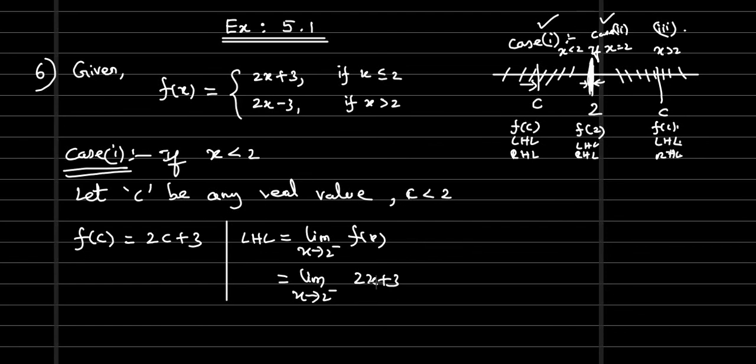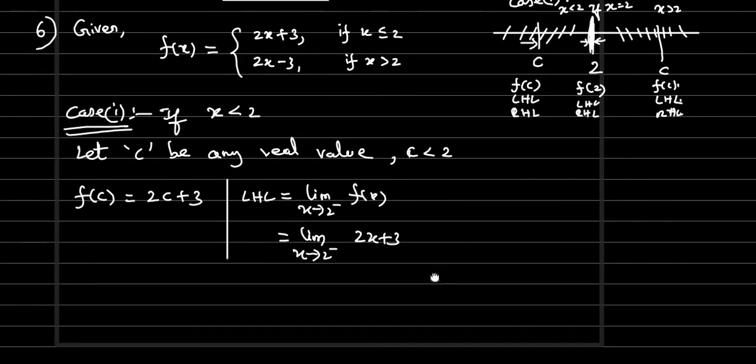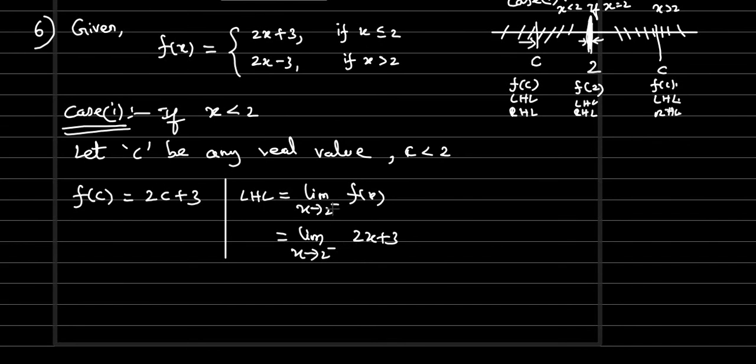Oh, sorry, this is c, we are testing continuity for c, no? So left hand side close values of c are also approximately c. Now directly replacing x as c, then 2c plus 3.